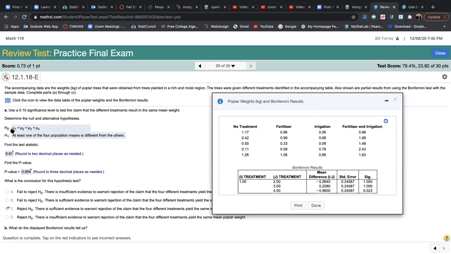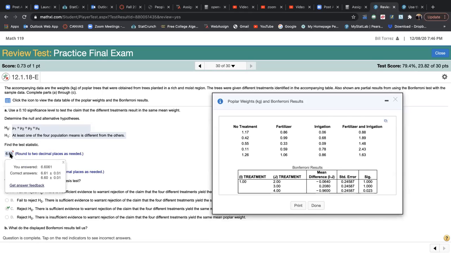So the null again is that the mean weights are equal for the 4 treatments here. Well, the first treatment is the no treatment column, all right? So we have the no treatment versus the treated trees. And of course, the alternative is at least one of the 4 population means is different from the others.